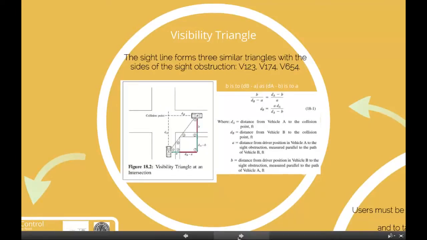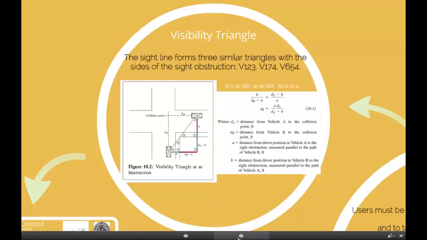Sight distances must be analyzed to ensure enough sight for users to judge and avoid conflicts. Sight lines can easily be obstructed by buildings or other features located on or near the corner, and by curves in the geometry of the road. This figure illustrates a visibility triangle at a typical intersection.